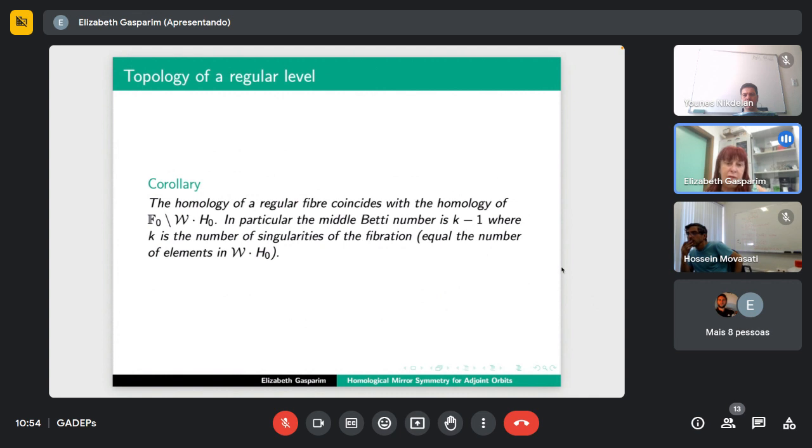In general, the Weyl group will have some finite number of elements, and the homology of the regular fiber, the middle Betti number, the important one, giving us the longest horizontal row in the Hodge diamond, will consist of k-1 total numbers, because there are k-1 singularities. Therefore, there will be a lot of possibilities of vanishing cycles. So in principle, we're looking forward to finding many.